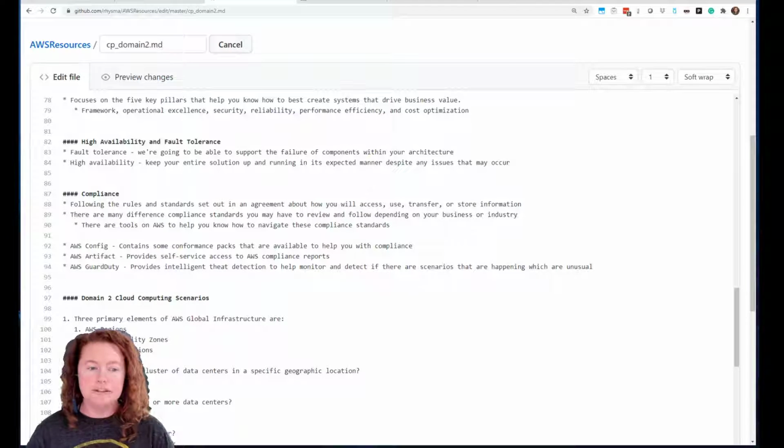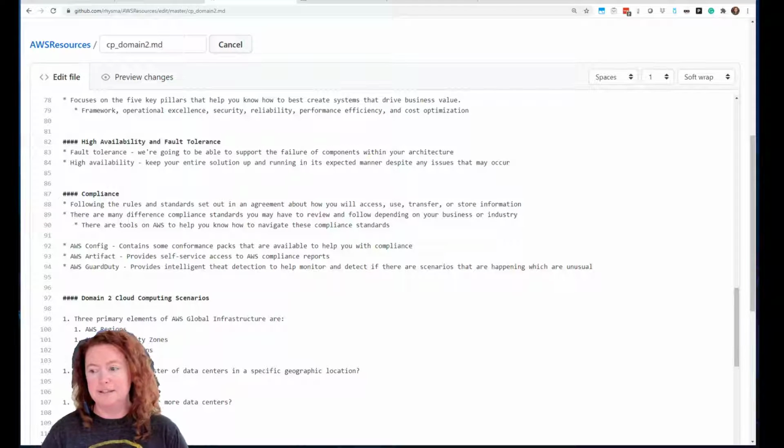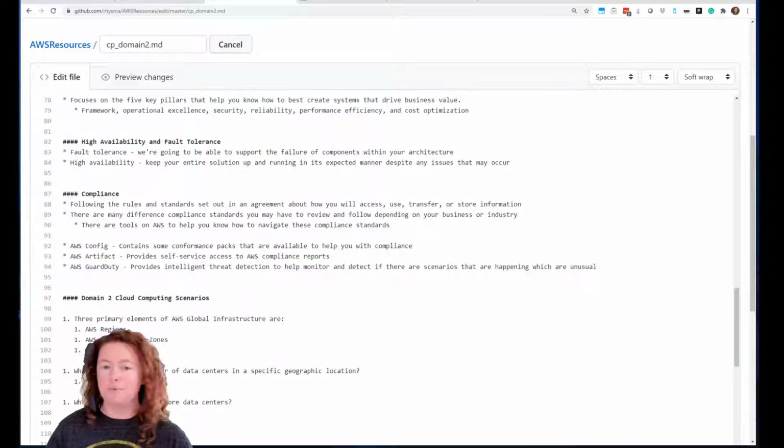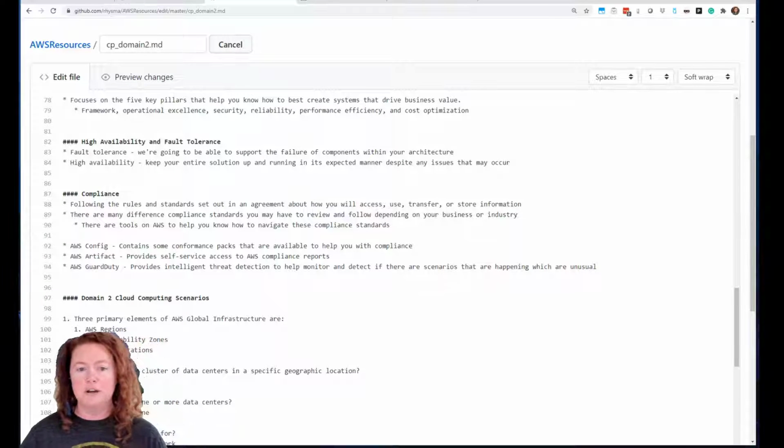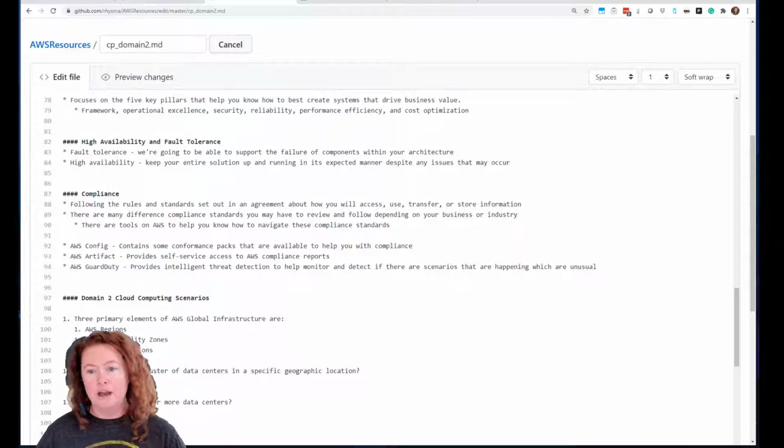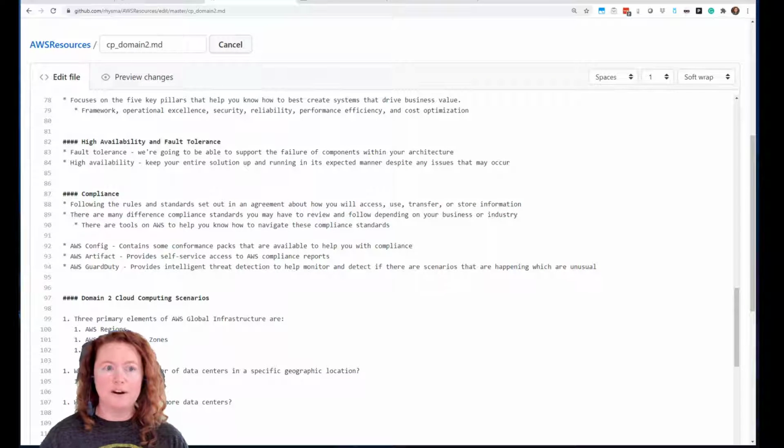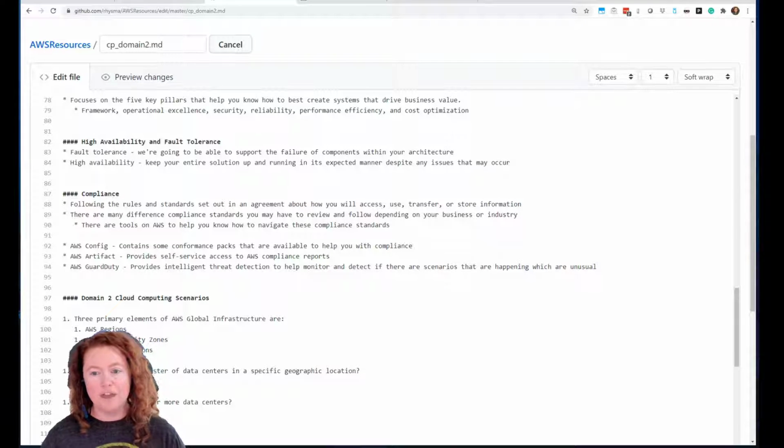And a lot of times with different compliance standards, if data is compromised, if someone was to get on your network and access data, you usually have a very small window of time in which you have to report that kind of thing.